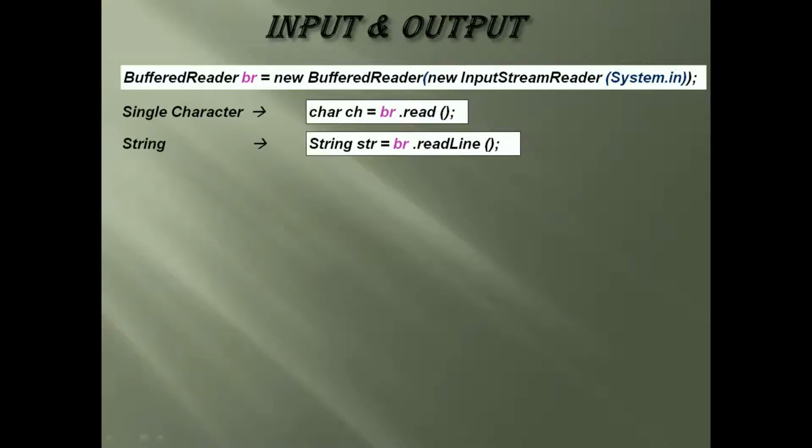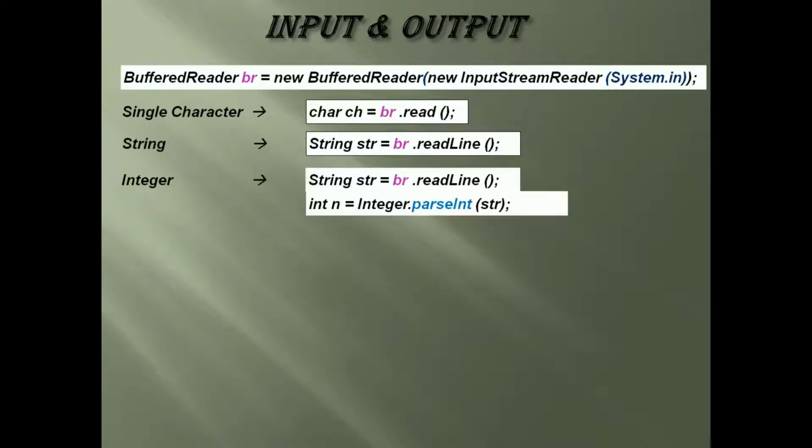Now for accepting an integer value from the keyboard, we need to do like this. First, we should accept the integer number from the keyboard as a string using the readLine method. Then this should be converted into an integer by using the parseInt method of the Integer class.